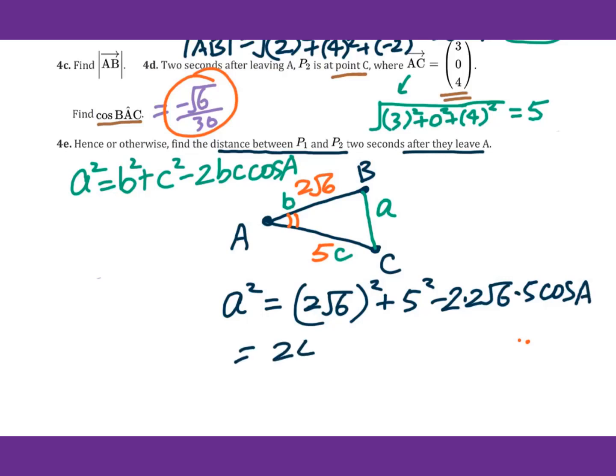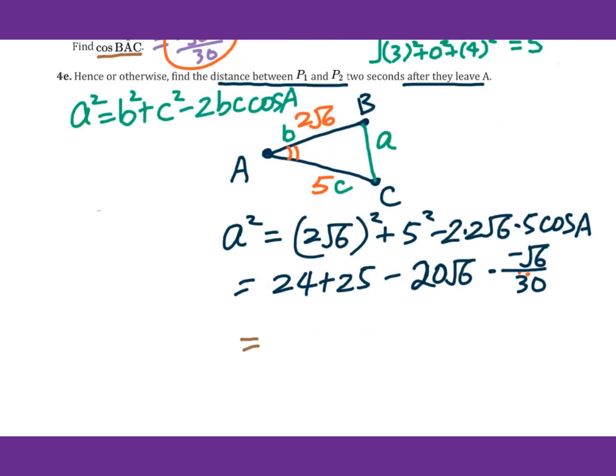This one is 24 plus 25 minus, this will be 20 square root of 6 times negative square root of 6 over 30.